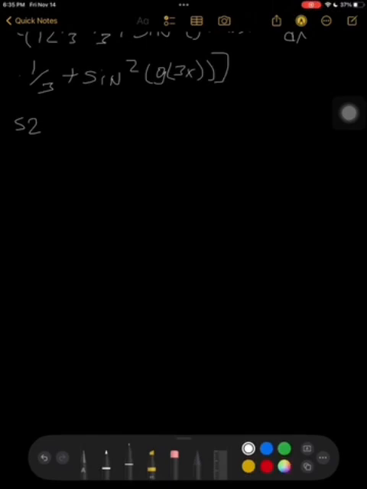Step 2, we're going to differentiate the inside. And this is a sum, so we're going to use the sum rule and differentiate each term separately.